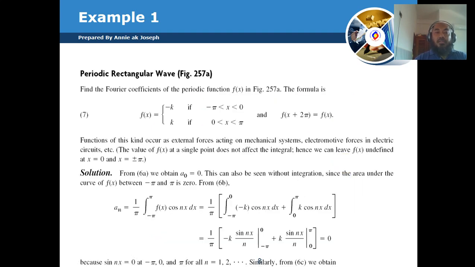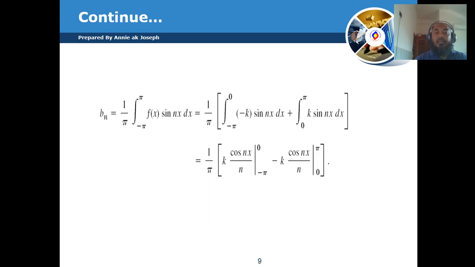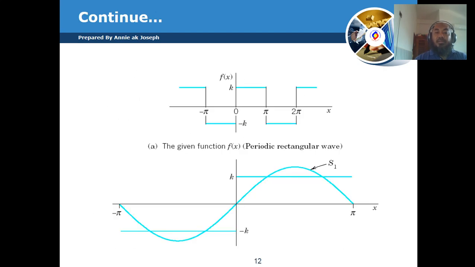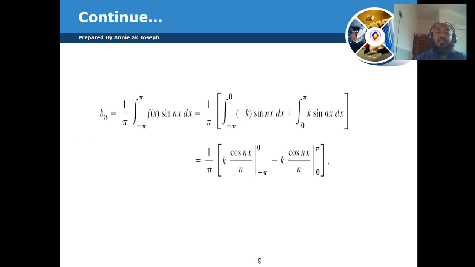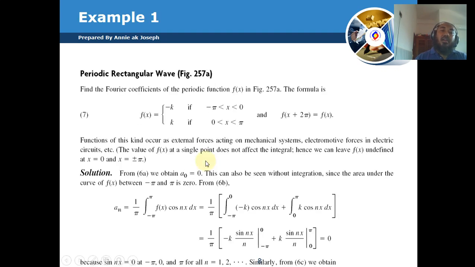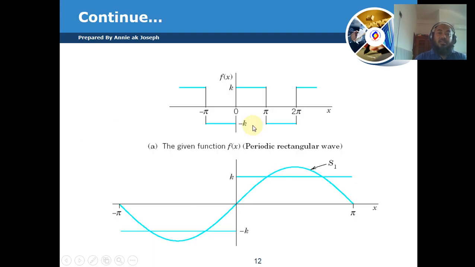Okay, so this is example 1, a periodic rectangular wave. This is the function of this equation. You can see f(x) is equal to minus k if x is between minus pi and 0, and k if between 0 and pi.